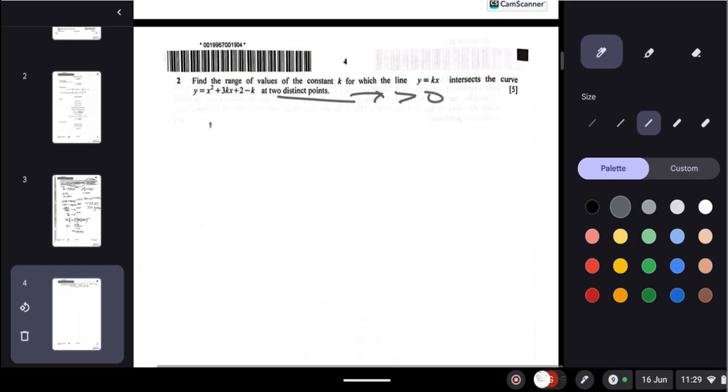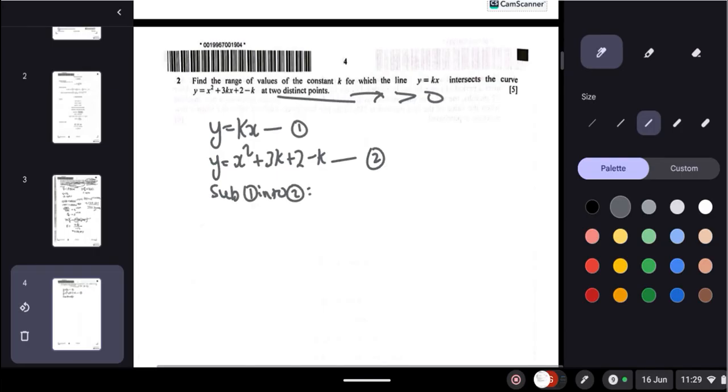So it intersects the curve, let's do our simultaneous equations. So sub in this bracket for now.